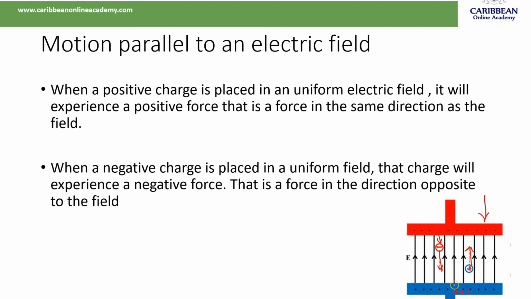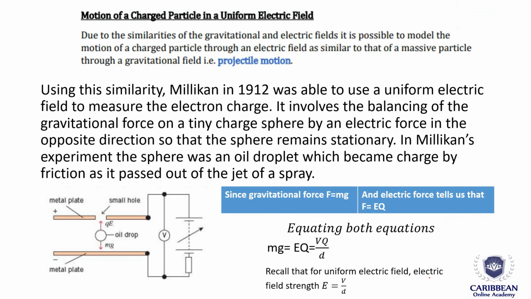The electric force is moving from positive to negative. So if you put the electron inside of the electric field, what you will observe is that the electron will be moving in the opposite direction, away from the direction of where the field is actually going. So that's just that.